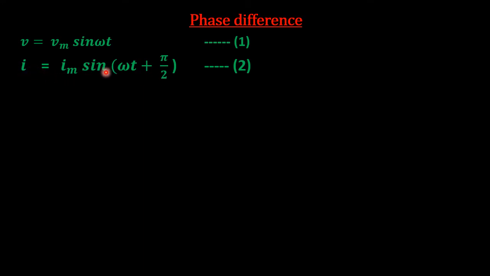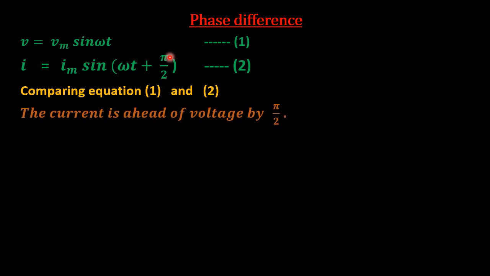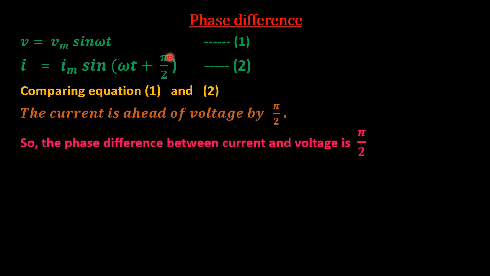It means that in this case the current will be ahead of voltage, and the phase difference here is pi by 2. Comparing equations 1 and 2, the current is ahead of voltage by phase angle pi by 2, so the phase difference between the current and the voltage is pi by 2.